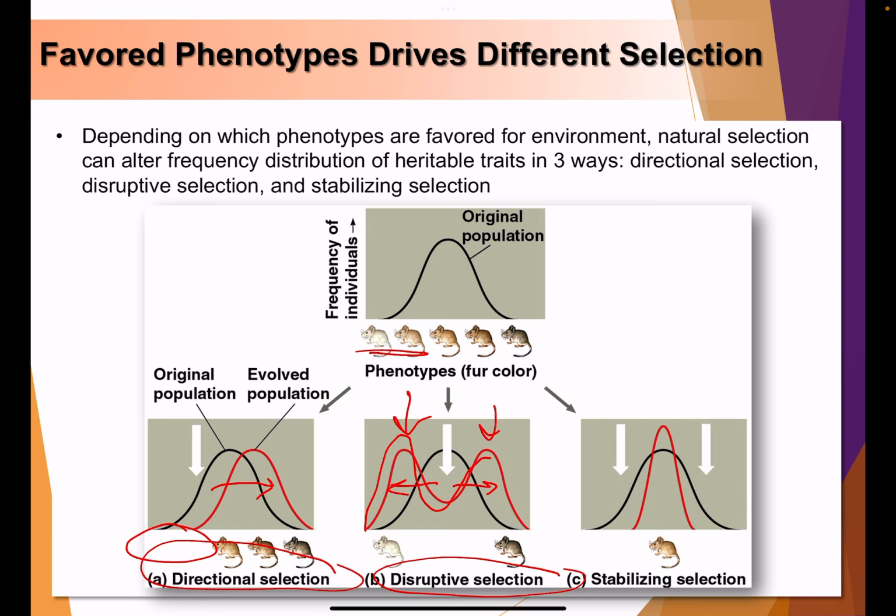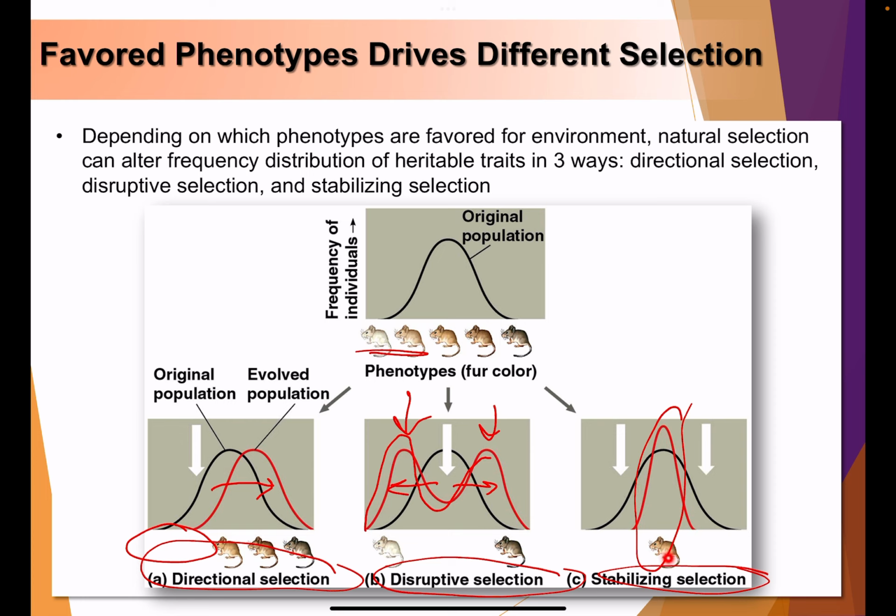And then the last, third graph here depicts stabilizing selection, which is where the evolved population moved to the center of the graph, even more so in this particular case, favoring only intermediate phenotypes. So maybe there was a wider distribution between these colors, such that the light tan color and the darker brown color were also prevalent.